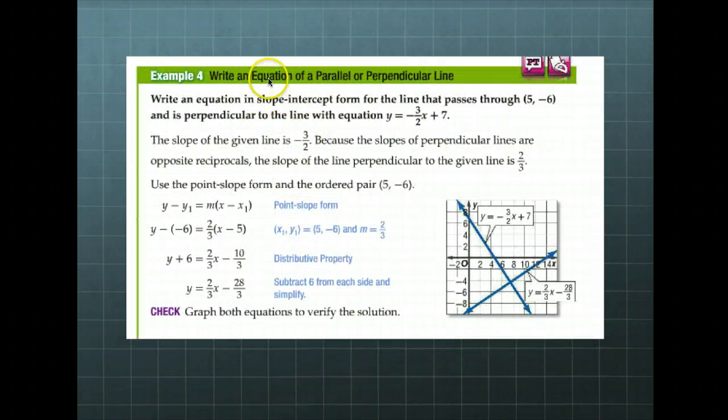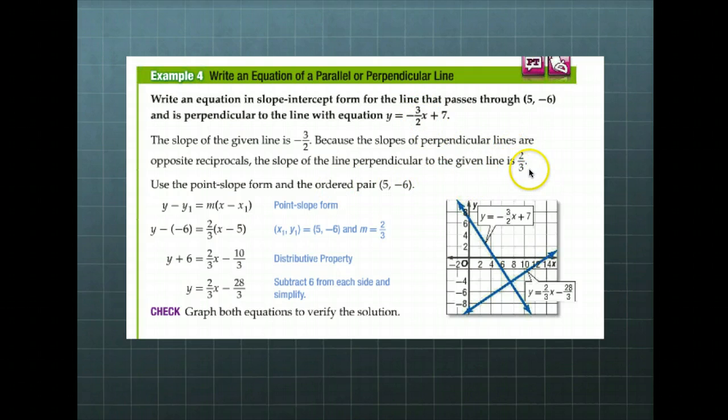So our last example, write an equation of a parallel or perpendicular line. So we're given, they want it in slope-intercept form, and we're given the point (5, -6), and it's to be perpendicular with this equation. So if it's perpendicular, what is the slope going to be? Right, it's going to be the opposite, so this is negative, so it's going to be positive, and the reciprocal is 2 over 3 then.